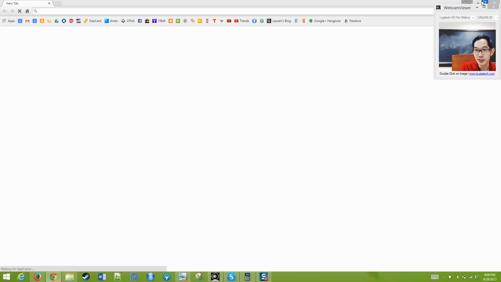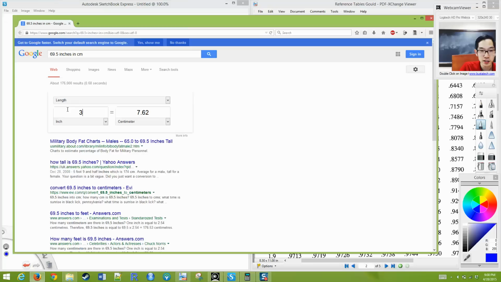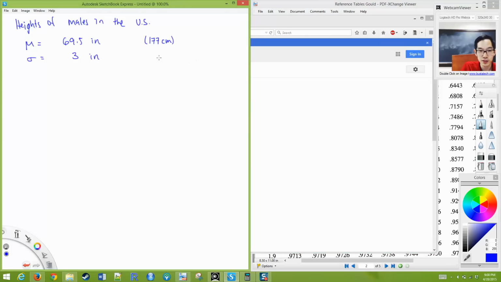If a man has a z-score of +1, that means he is 1 standard deviation above the mean. What is his height in inches?